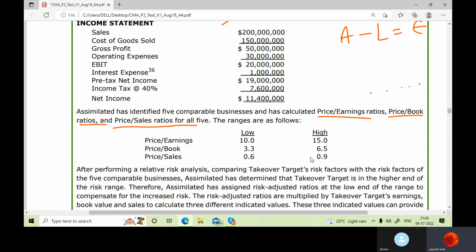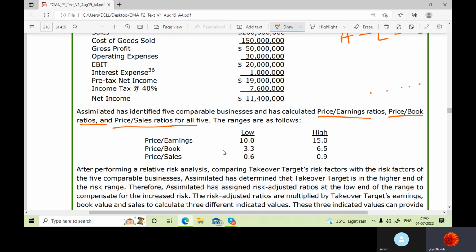Probably we'll see exam questions of this kind. If it is there, we'll try to see whether they are showing. So the price to earnings ratio on the lower side and higher side are given. They took 5 comparable businesses and found out the lowest P/E ratio and highest P/E ratio, lowest price to book ratio, highest ratio, lowest, highest.